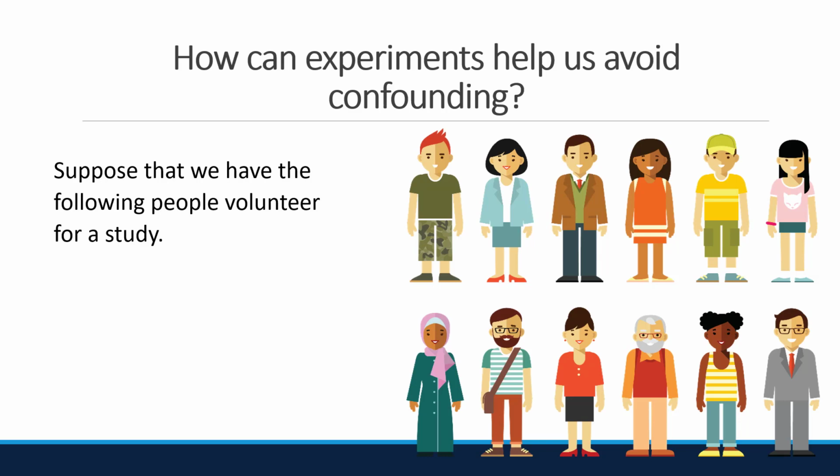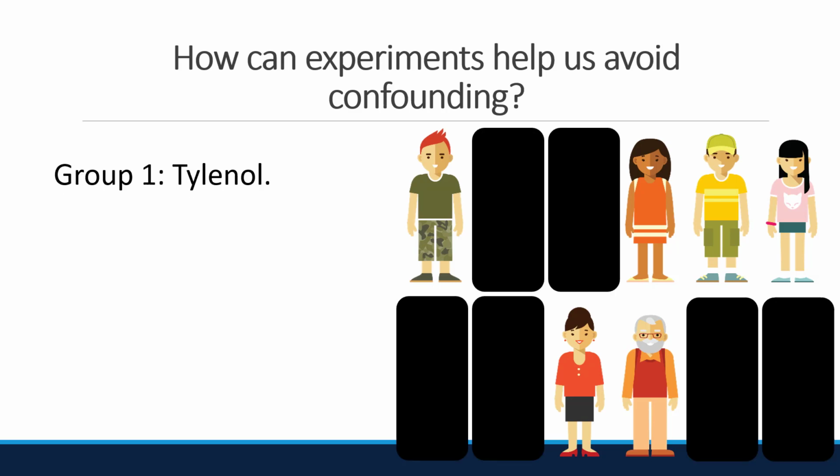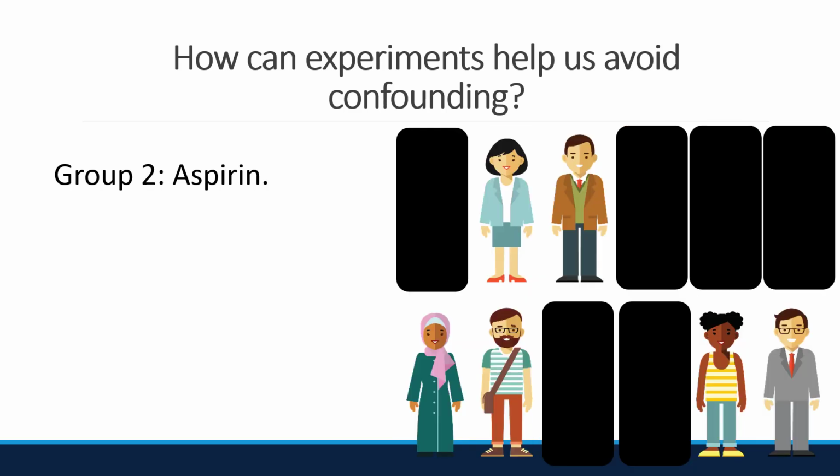Suppose a random number generator tells me that subjects 1, 4, 5, 6, 9, and 10 should be in group 1. We would have the following groups. Group 1 would be the Tylenol group, and notice here we have the subjects corresponding to 1, 4, 5, 6, 9, and 10. And then the other subjects would automatically be placed into the aspirin group.